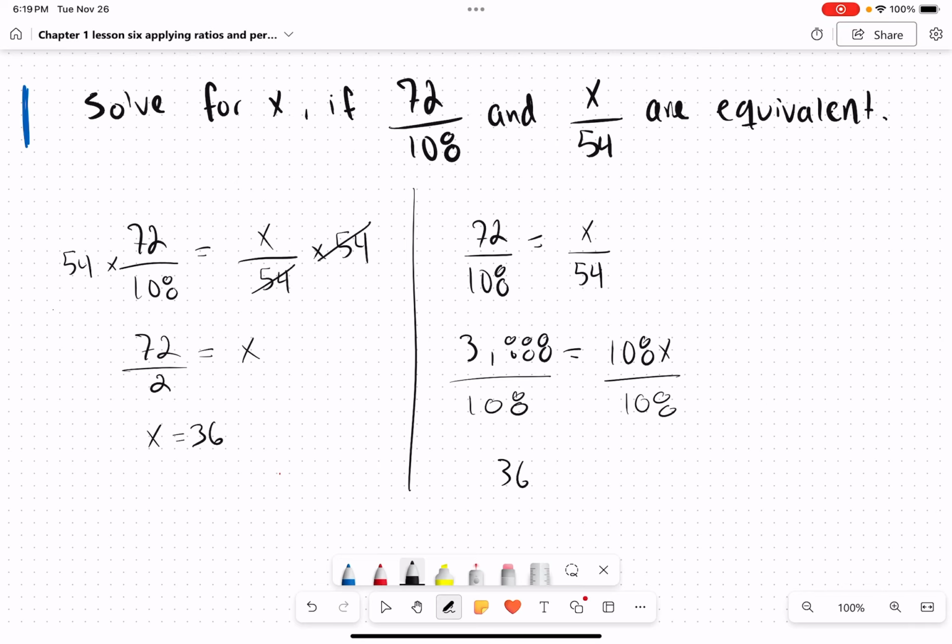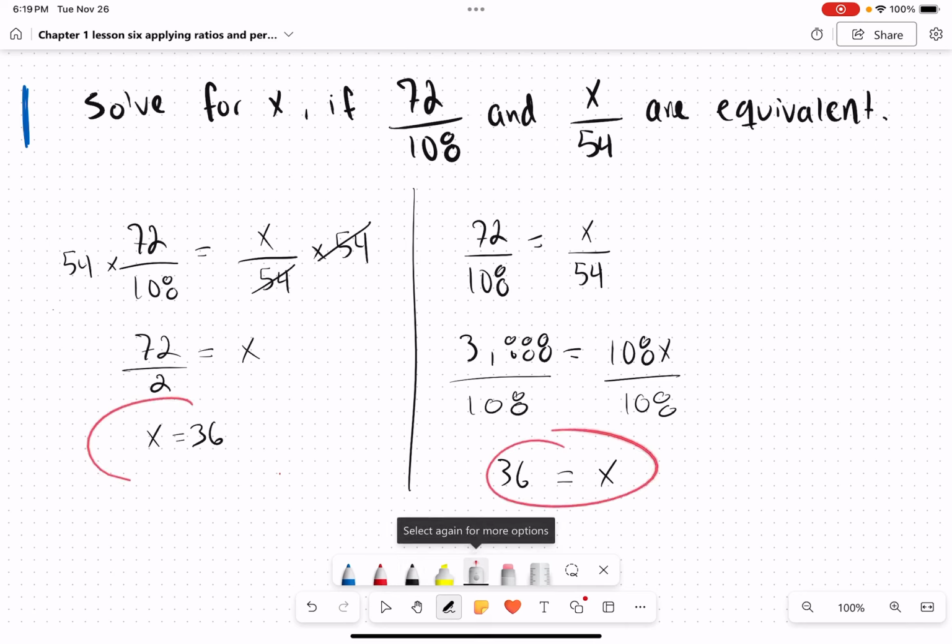And 108 divided by 108 is just 1, so we're left with 1x. As you can see, you still get the same answer no matter which method you use. It's totally up to you which one you want. It's just preference, but this is how you would do these two problems.